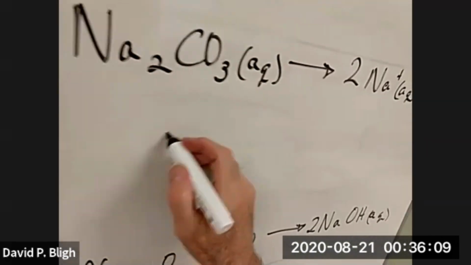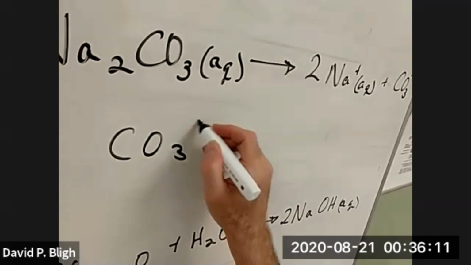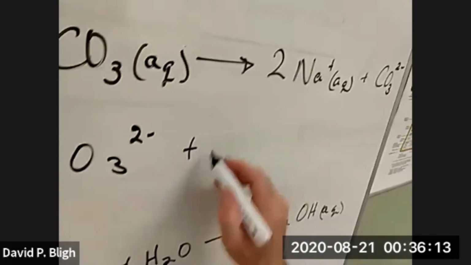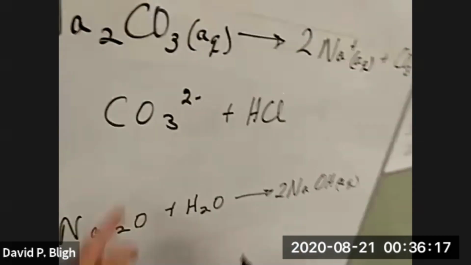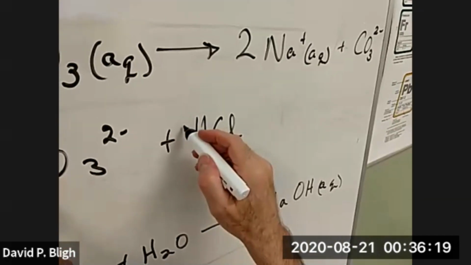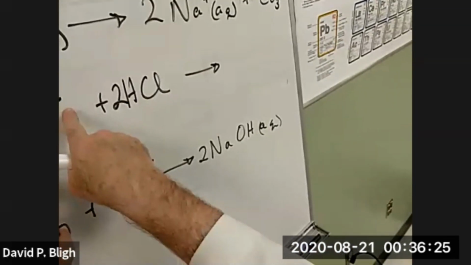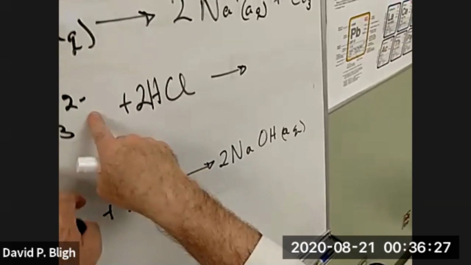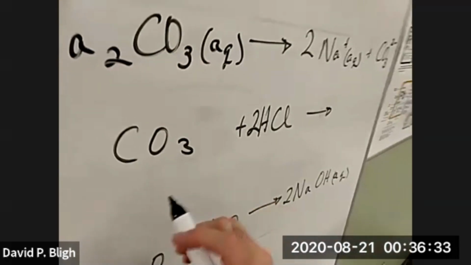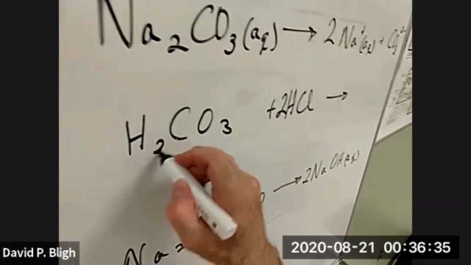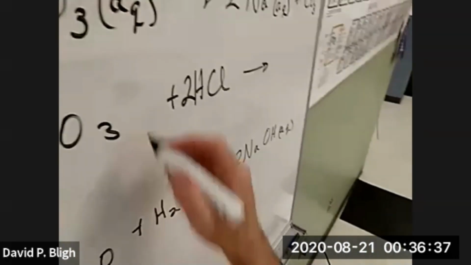So what happens is that, and you need 2 of those, yields, and this is an unbalanced equation, this is an extra charge. So actually, if we wanted to balance this one, that actually reacts and gives you carbonic acid in solution.